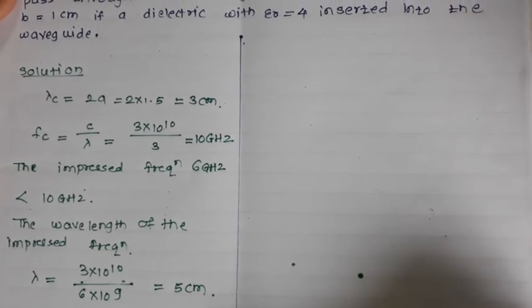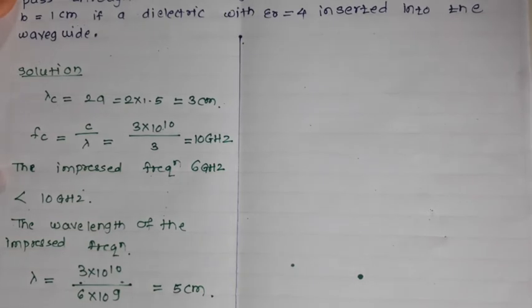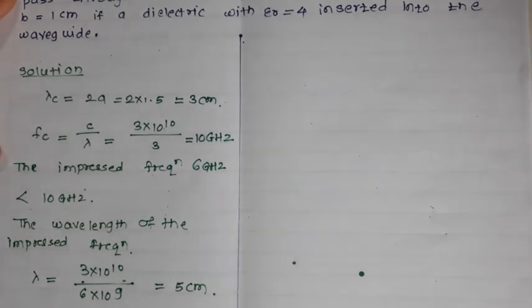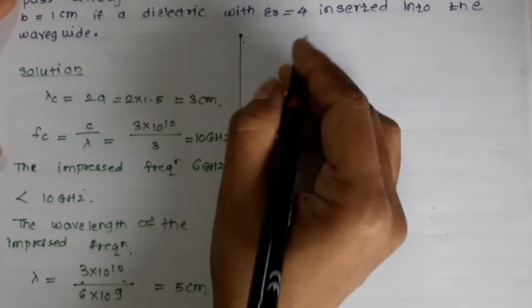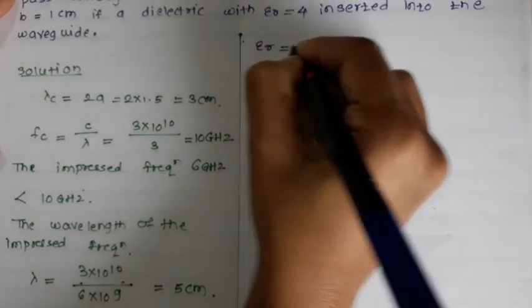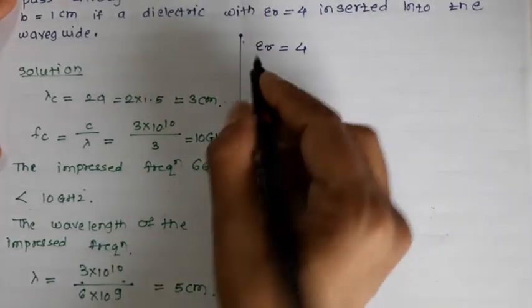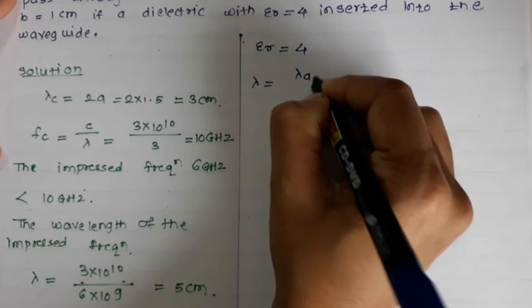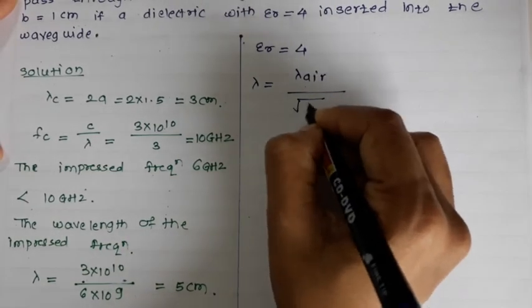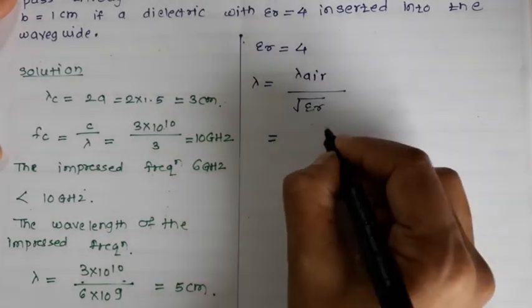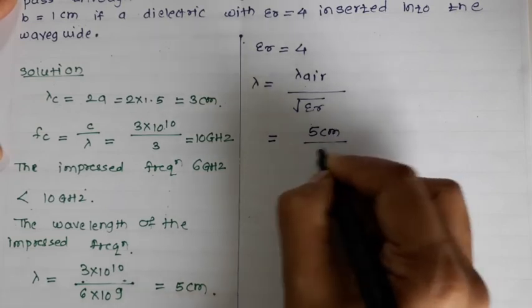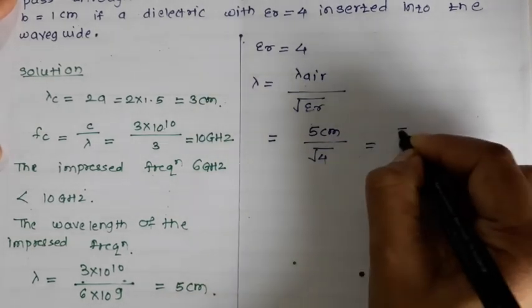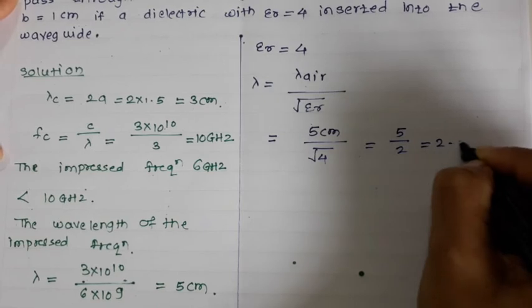if you use a waveguide, or if your waveguide is loaded with a dielectric of 4. Then the wavelength will be lambda air divided by root epsilon r. Now lambda air is 5 centimeter divided by root 4, which is nothing but 5 by 2, 2.5 centimeter.